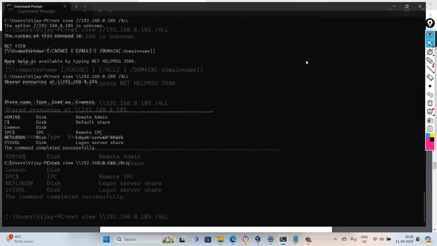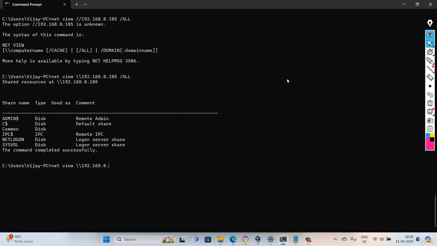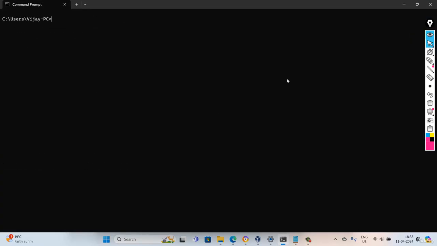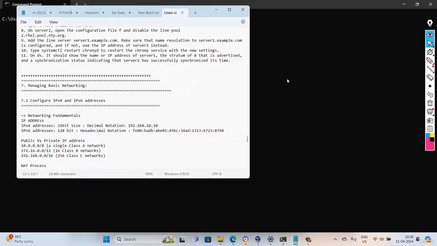All of you have already completed networking, and we have good knowledge about IPv4 and IPv6, but here I want to share a short review on the IPv4 address. So what is the IPv4 address?